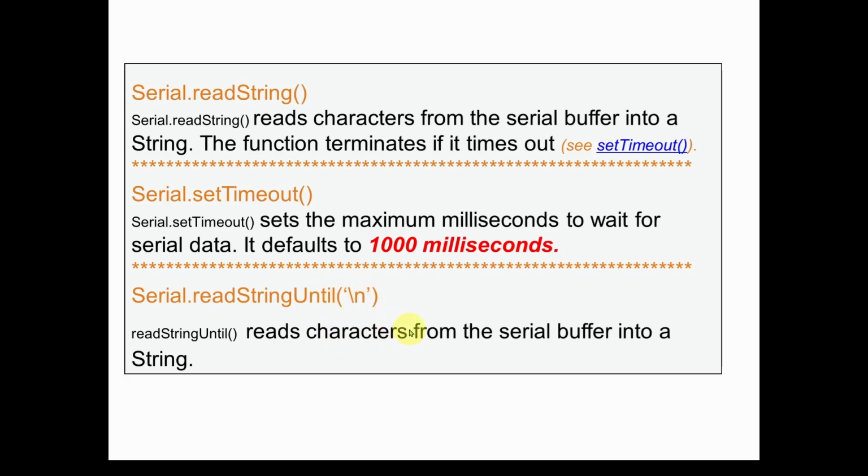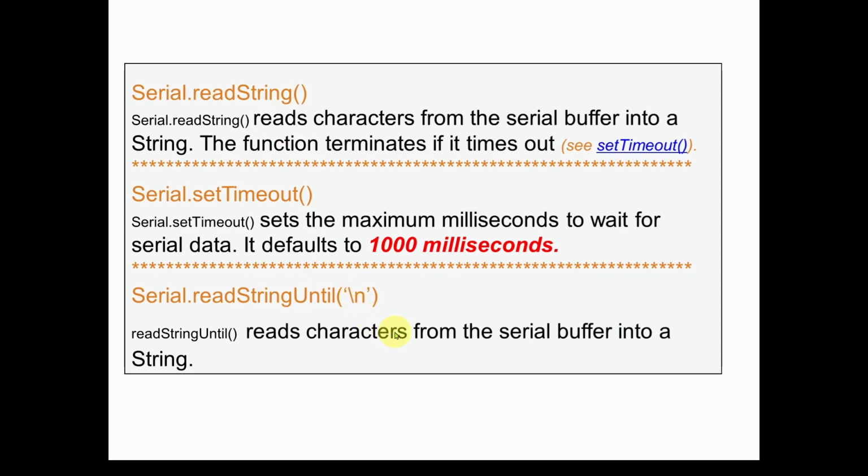Let's go on to the next line. So readStringUntil reads characters from the serial buffer into a string, and when it sees this termination character, it knows it's done and it moves on. So it's very important that you understand these things before you start writing code, so that you don't just do a readString, you do a readStringUntil to make sure it recognizes the character.